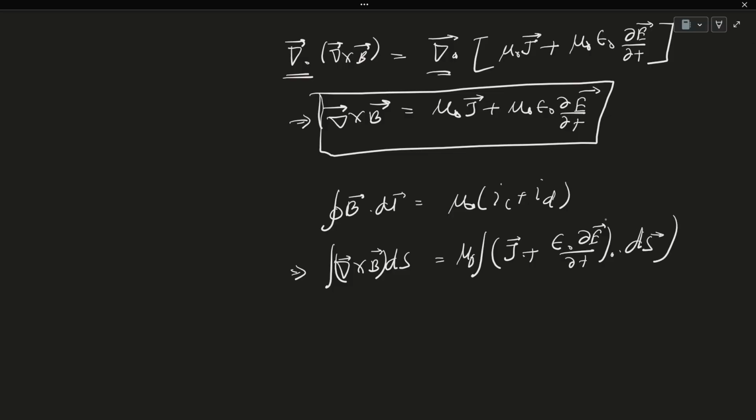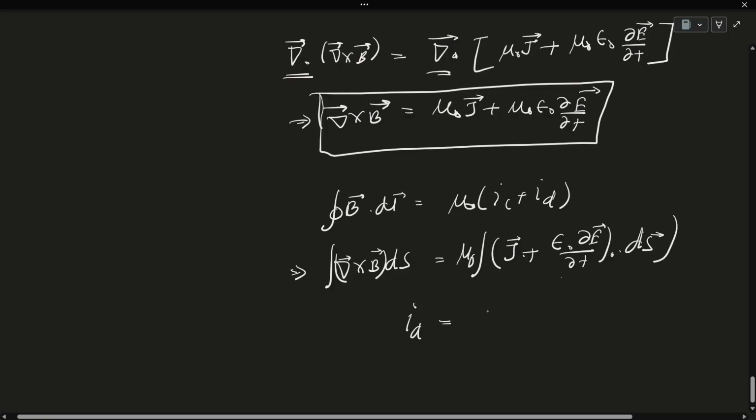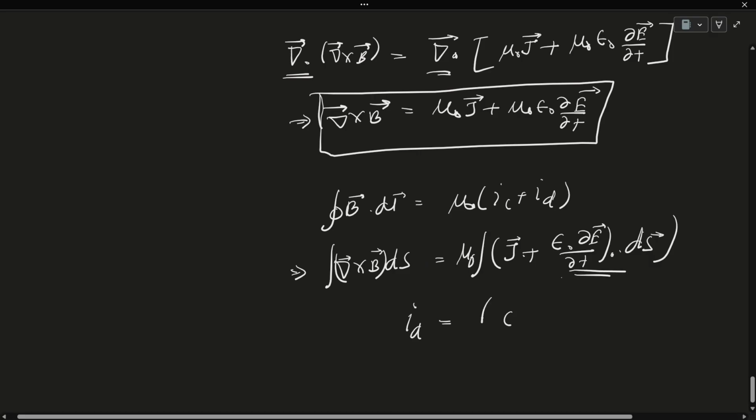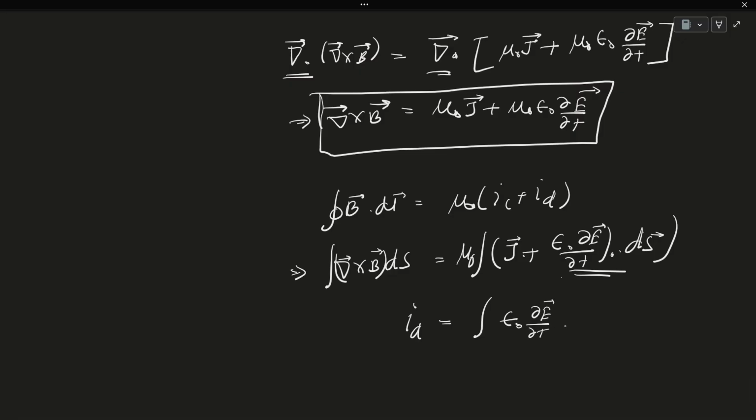So what is Id? By comparing with this, I can write down Id. There will be no mu naught term, the mu naught term is outside, so Id will be this term, right? So Id will be epsilon naught del E del t dot ds, right?